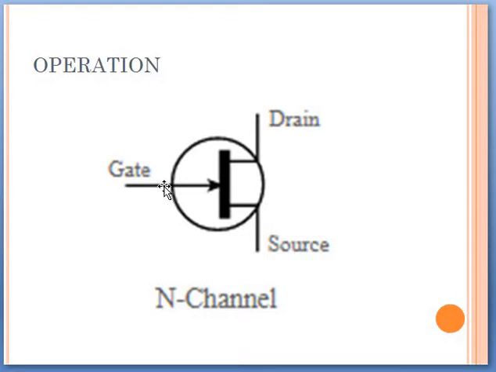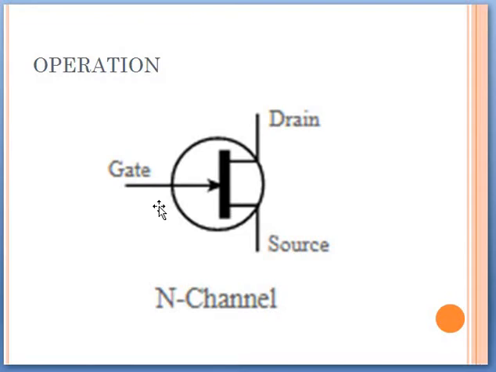For the N channel type, the gate is connected to P type material. When a positive voltage is given to the gate, it will be in forward bias, so the depletion region will decrease.